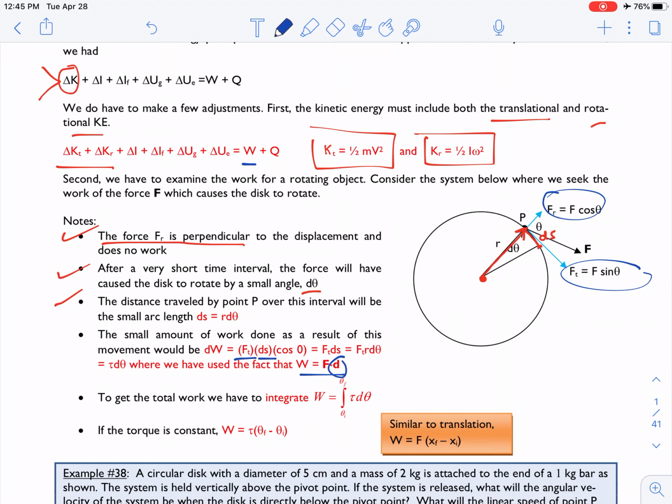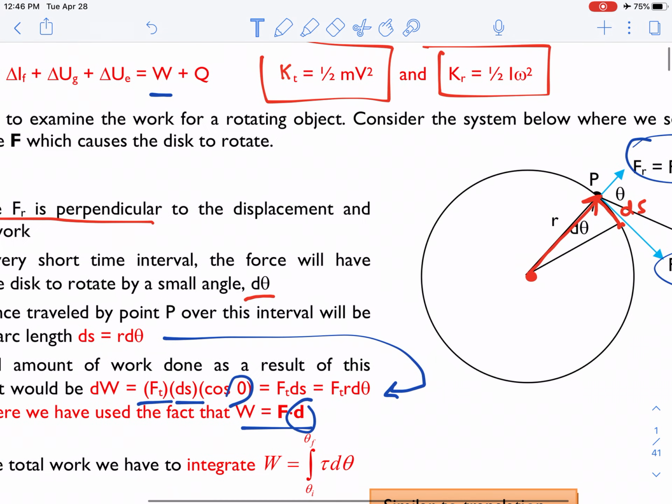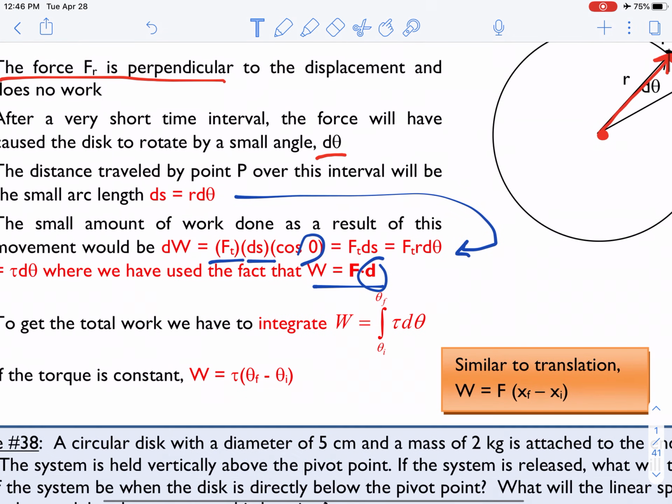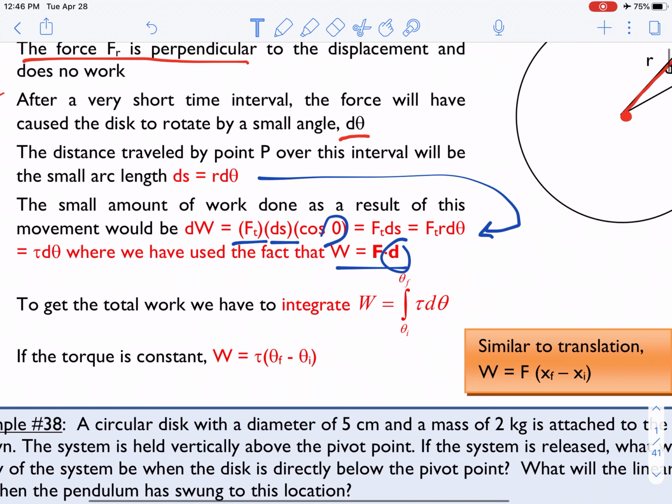That means they point the same direction, so the angle is going to be 0 for that reason. That gives you cosine 0 equals 1, and that is FT ds. Next you plug in what you know for ds, and that is r d theta. This becomes FT r d theta, and that is the small amount of work done by that force.